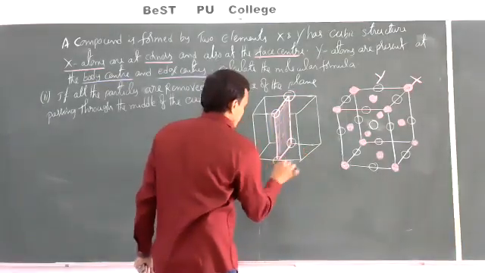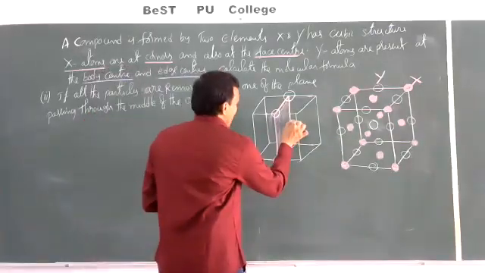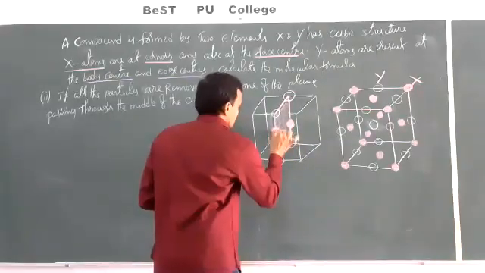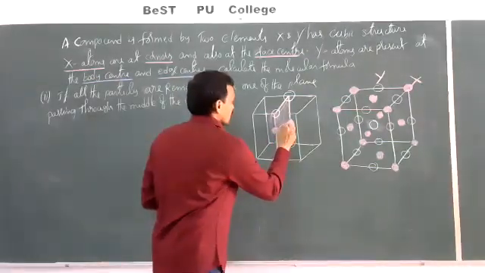4 edge center particles will be there, and back face center particle will be there, front face center particle will be there, as well as body center particle will be there.